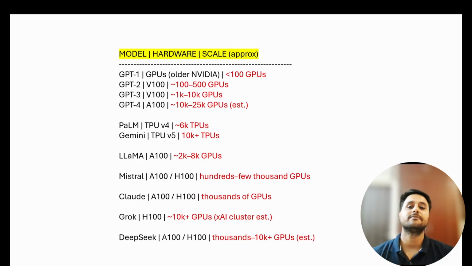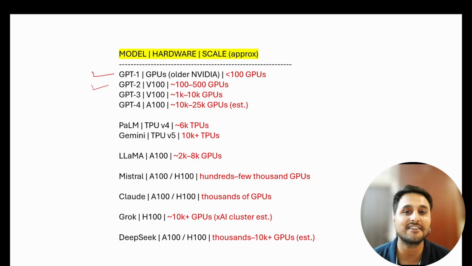Now, as we are ending this video, I want to give you a glance at how much compute is used to train the famous frontier models, the famous LLMs. GPT-1 was trained on fewer than 100 GPUs, all from NVIDIA, very few compared to other GPT versions.